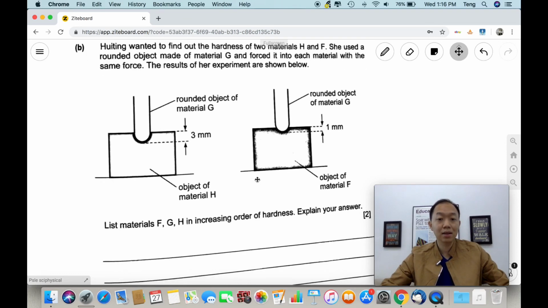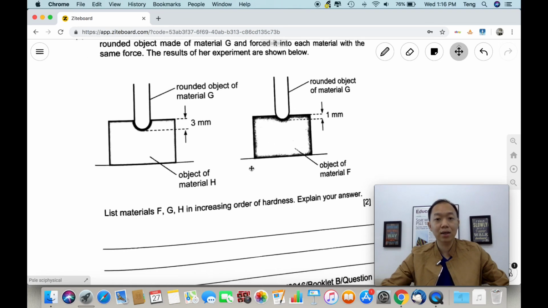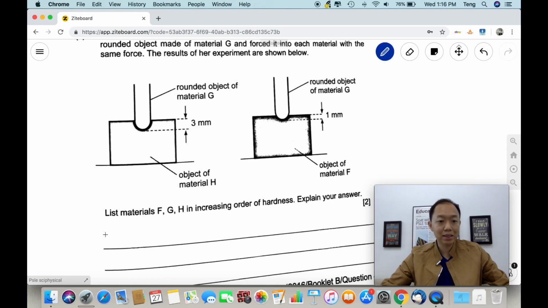So in increasing order of hardness, I would write, increasing means the least hard to the hardest. So the least hard is H followed by F, then G. Why?